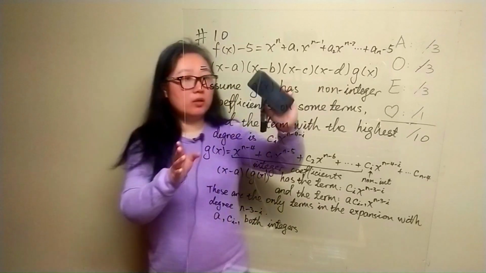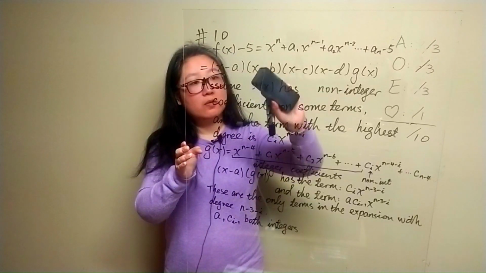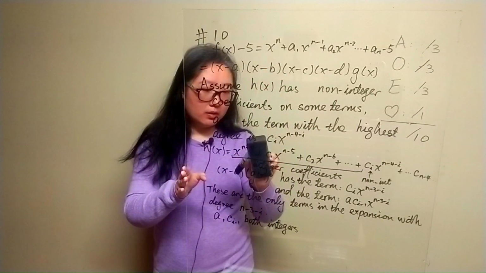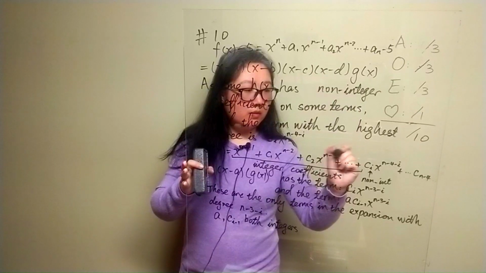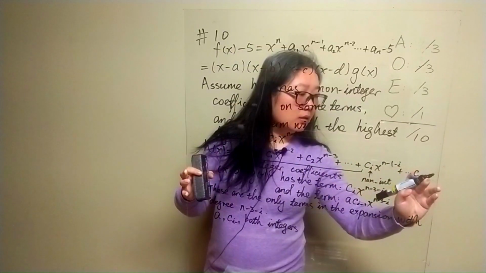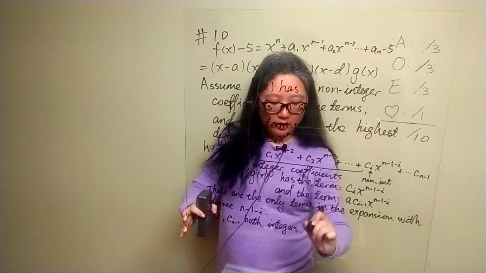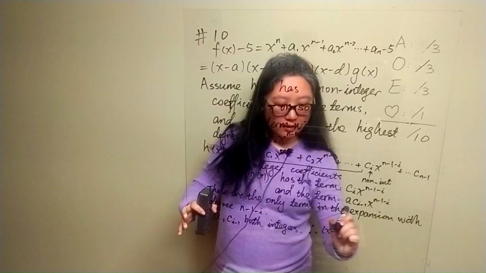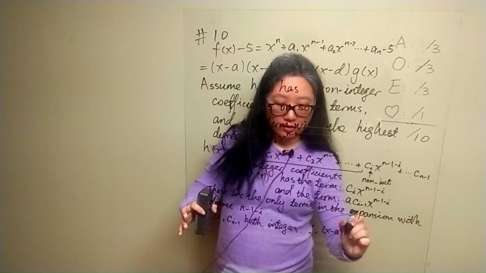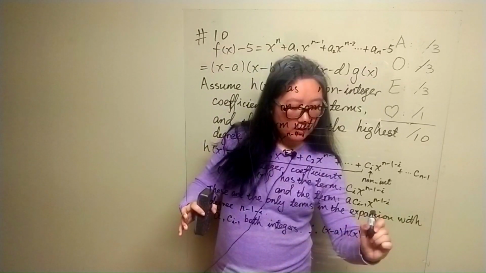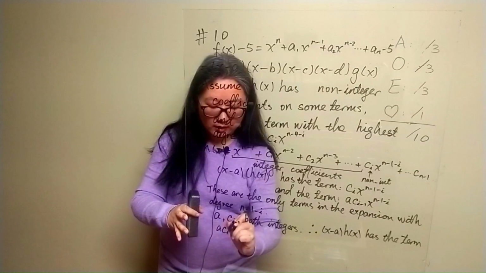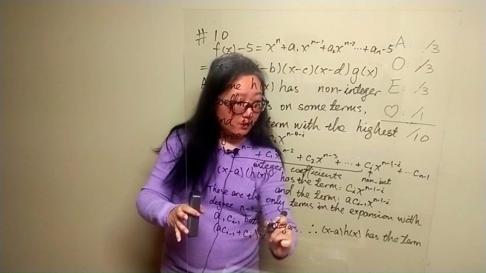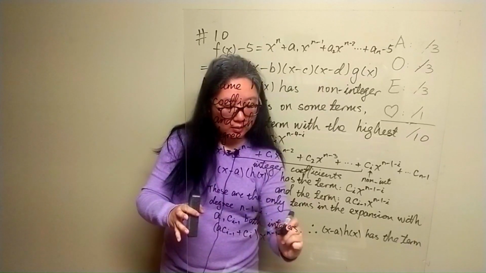Oh, let's not call it g of x because we're not multiplying all 4. Let's call it h of x. Therefore, when we combine like terms, x minus a times h of x has the term a c i minus 1 plus c i, x to the power of n minus 3 minus i.